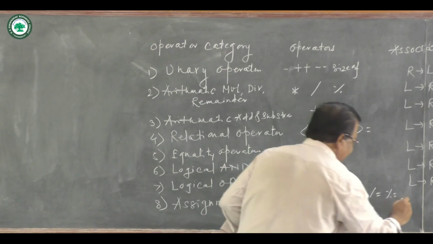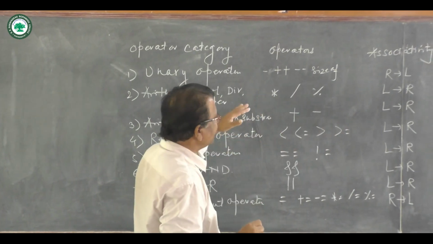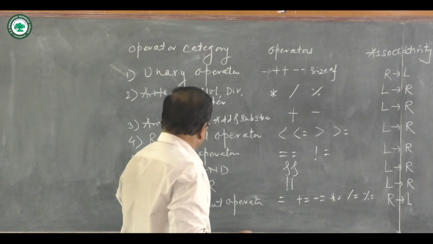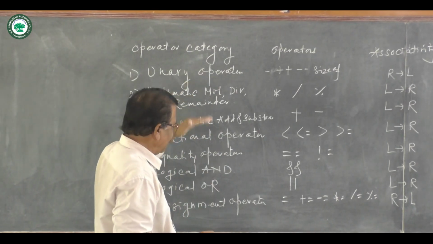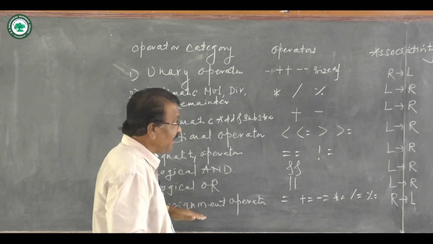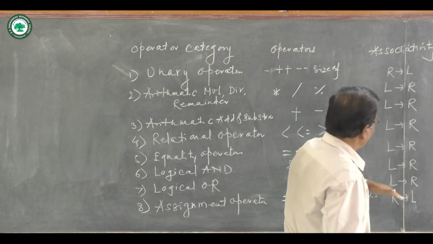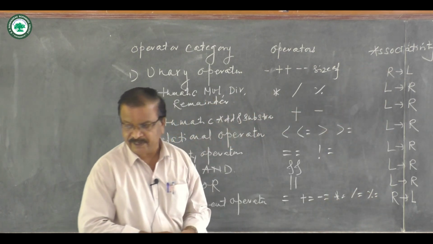And associativity is from right to left. So the table is very easy to remember. Only the unary operators and assignment operators, the one having topmost priority and the other having least priority, have associativity from right to left. All others have associativity from left to right.